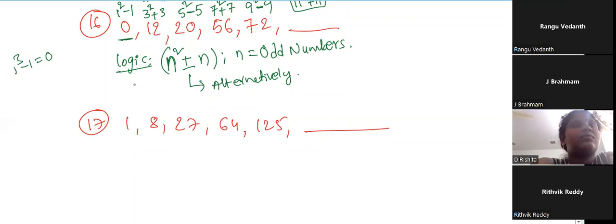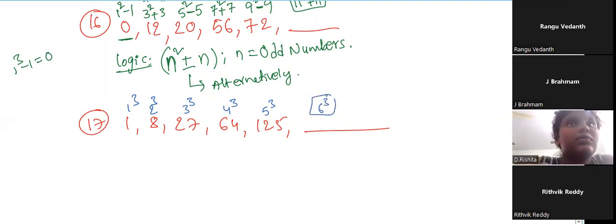Sir, I think it's 1 cube, 2 cube, 3 cube, 4 cube, 5 cube, and 6 cube is your answer. Sir, it's 216. Yes, 216 is the correct answer. 6 cube is nothing but 216.